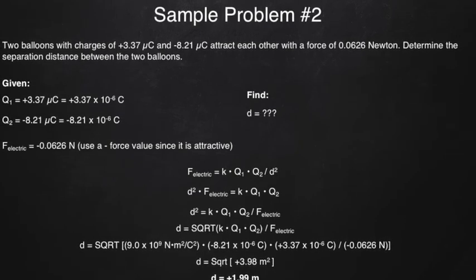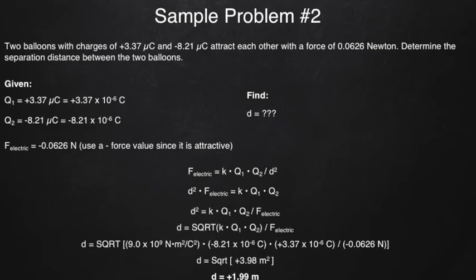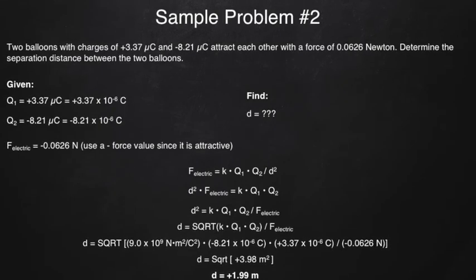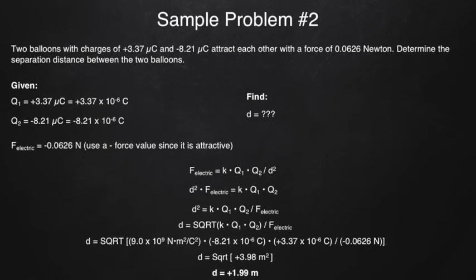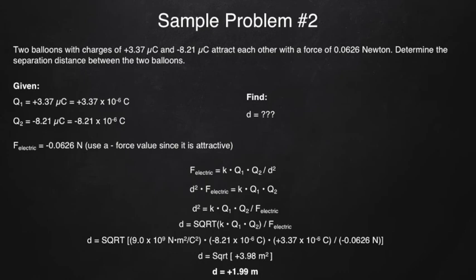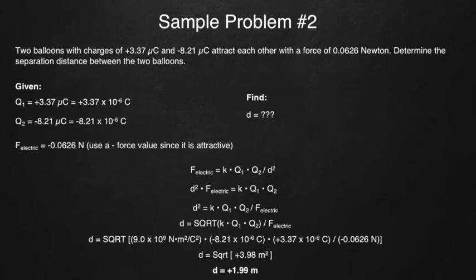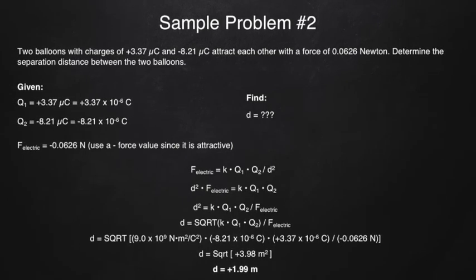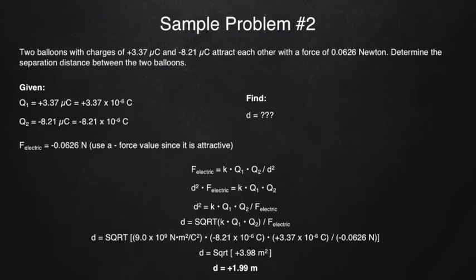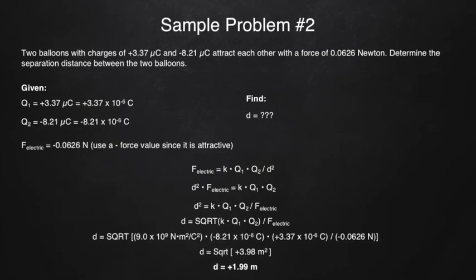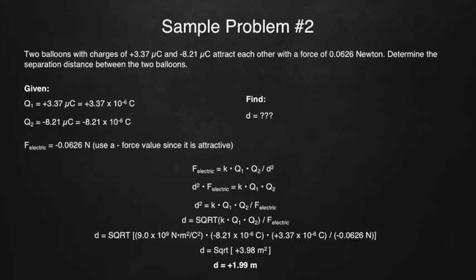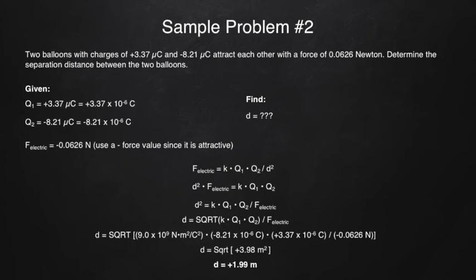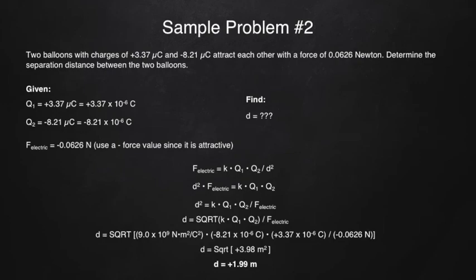You are given positive 3.37 microcoulombs, which is positive 3.37 times 10 to the negative 6 coulombs, and negative 8.21 microcoulombs, which is negative 8.21 times 10 to the negative 6 coulombs, and the electric force, which is negative 0.0626 newtons. Then you plug it all into the equation. After rearranging the equation to get the distance, you get the distance equals positive 1.99 meters.